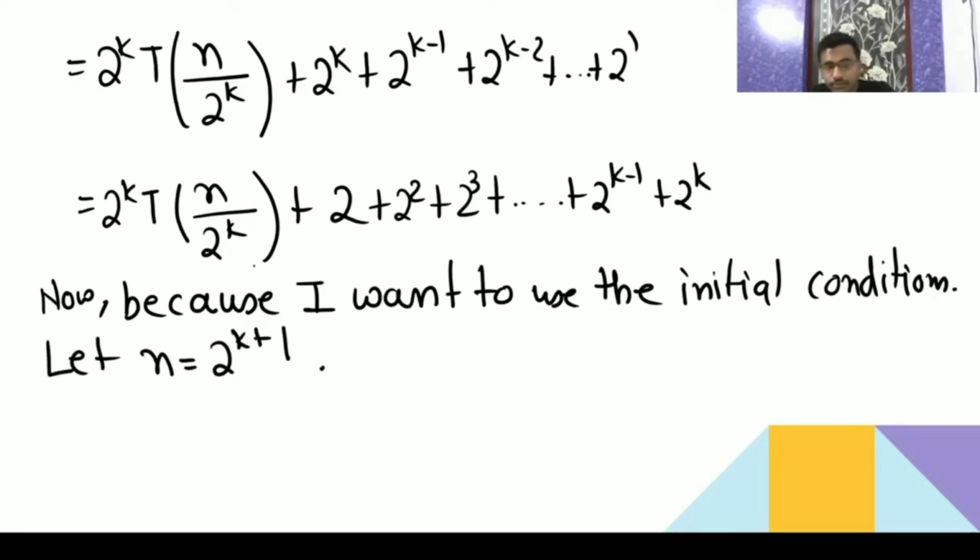So to use the initial condition, let n equal 2 to the power k plus 1. So that 2 to the power k will get cancelled out and I will get 2 to the power 1, that is going to be 2.